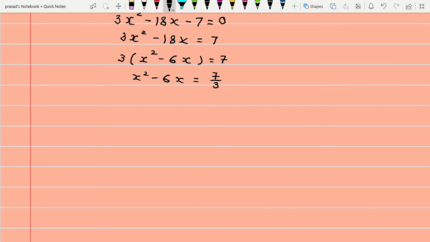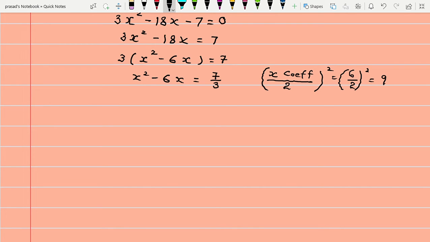Now I have to make the left hand side a complete square. So take the x coefficient, divide it by 2 and square it. So 6 divided by 2 is 3, square it, so 3 square is 9.